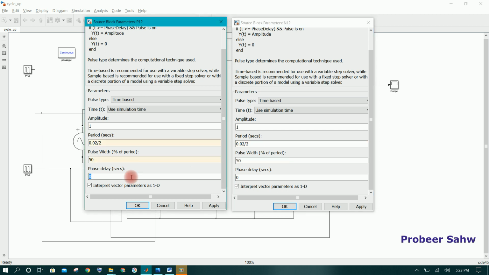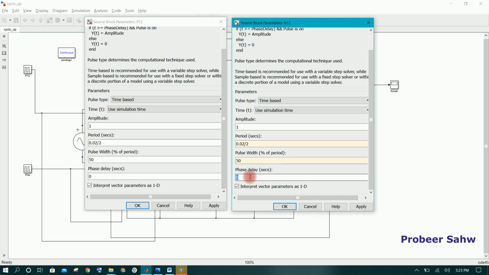The phase delay should be 0 for thyristor P1 and P2, and it should be half, because it should start after half of the time. So it should start after 0.02 divided by 2, which is the total time period of the signal, divided by 2.